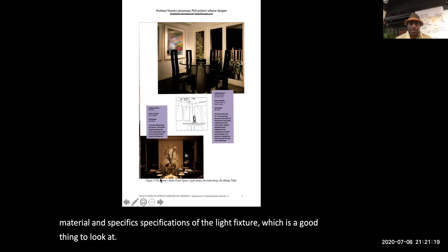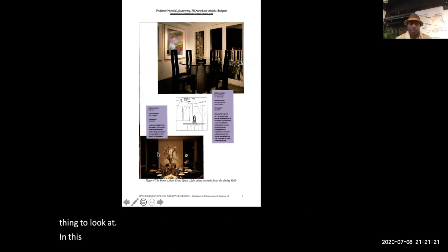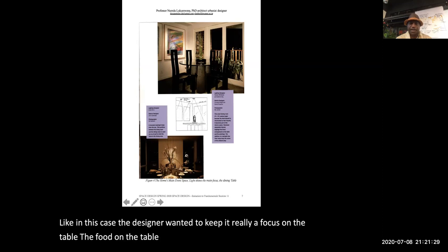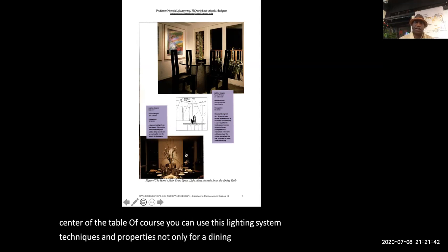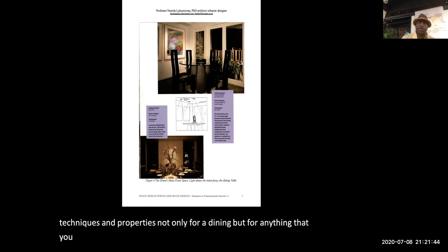And in this case, the designer wanted to put a real focus on the table, the food on the table, and the decorative piece in the center of the table. Of course, you can use this lighting technique not only for dining, but for anything that you would like people to focus on and highlight.